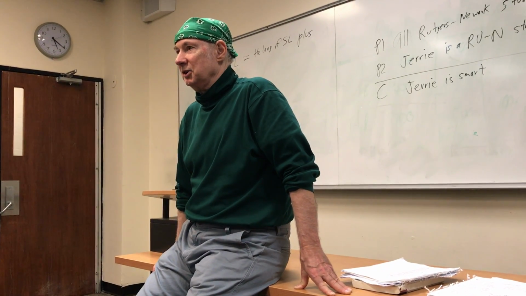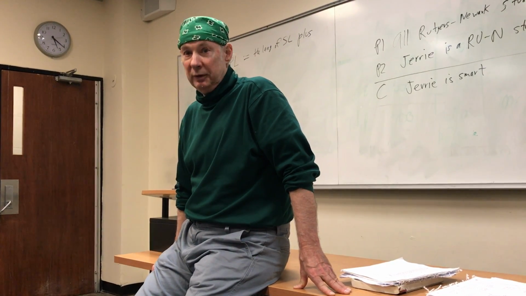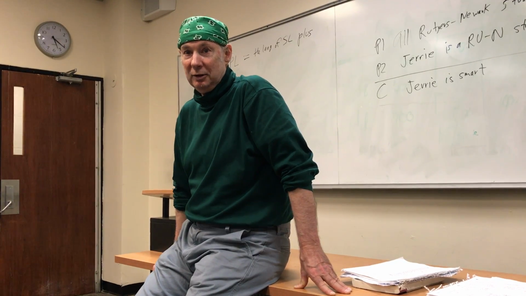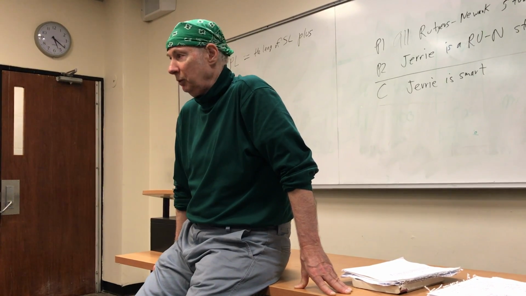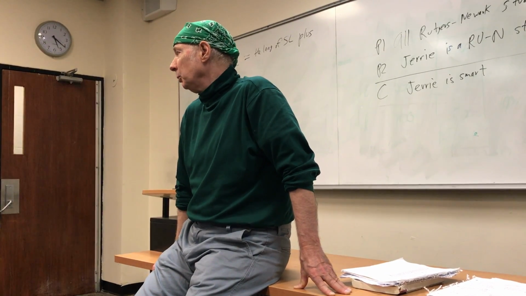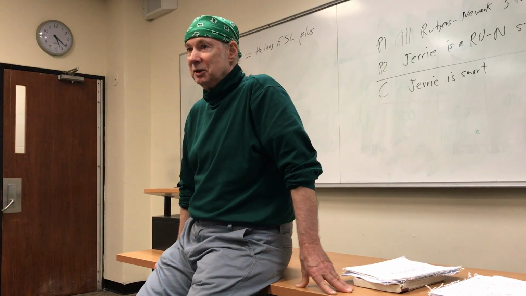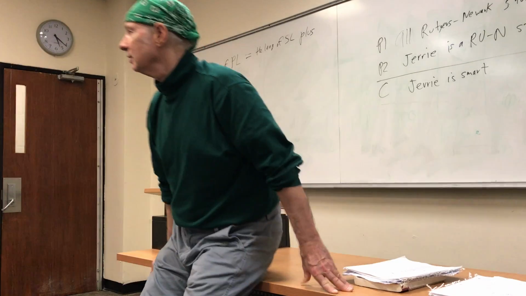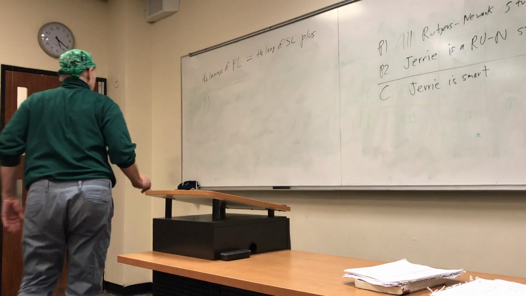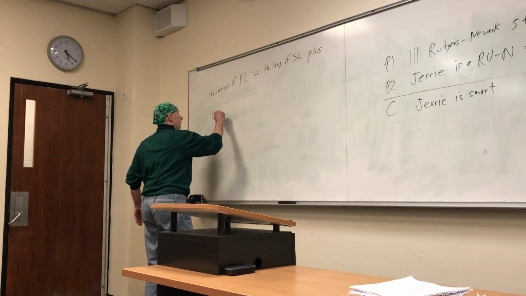Individual constants. Now, if you have a headache trying to understand that, you're justified, because what does that mean? Individual constants. Why not simply say names of objects? So I'll put both down.